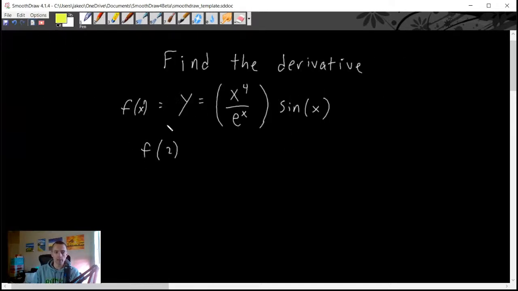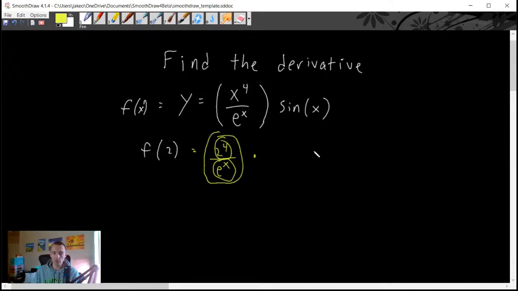Basically, if we were to plug in 2, we would figure out 2 to the fourth power first. At that same time, we would also figure out e to the x. So we'd be dealing with this by itself, this by itself. Then we would divide these two things.